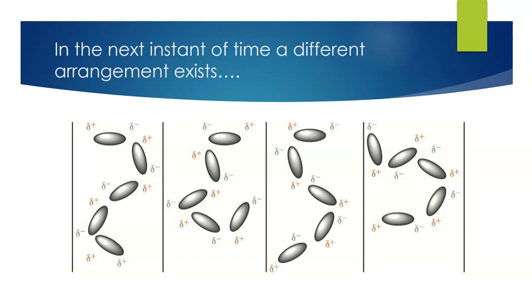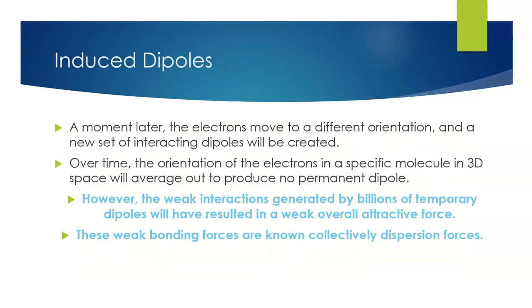Essentially, this can spread throughout a molecule, and as you can expect, the size of the molecule and the number of electrons that can be manipulated in this way will influence the size of the dipole that is formed. So with an induced dipole, the electrons move to a different orientation and a new set of interacting dipoles will be created. It passes along the chain of the molecule.